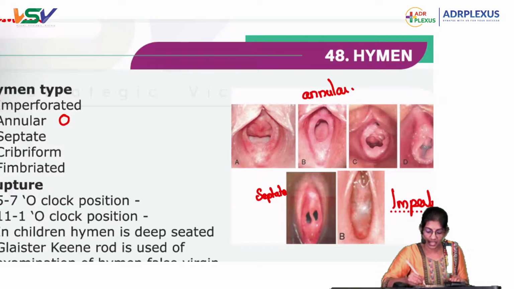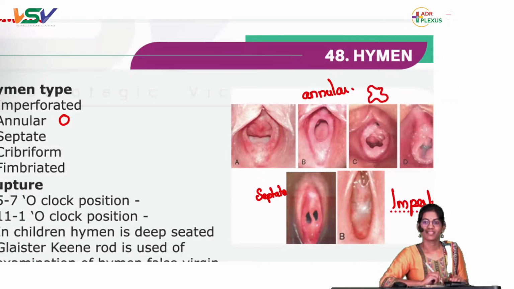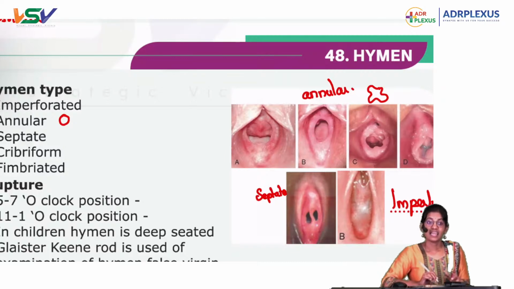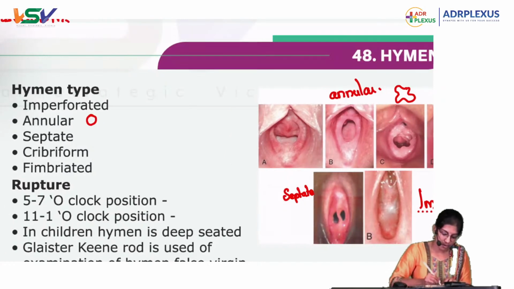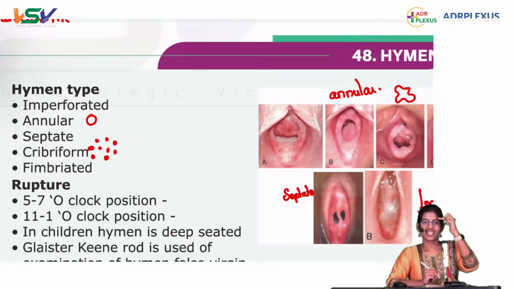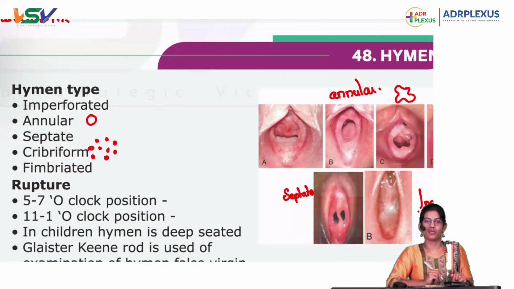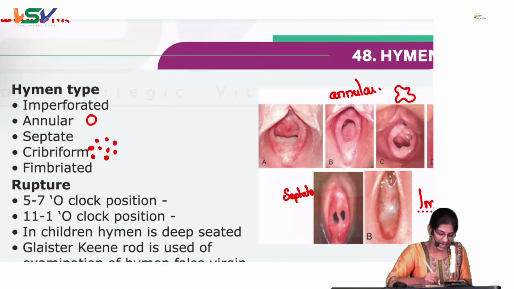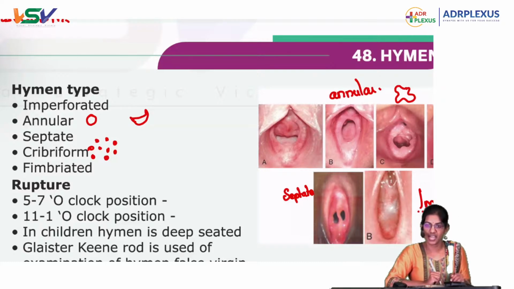Here you are able to see it like fimbriated. Then it can be cribriform. Cribriform means small holes are there, like the cribriform plate of the ethmoid bone. So these are the major types. Apart from it, they give crescent shaped, or lunar shaped, seen occasionally.